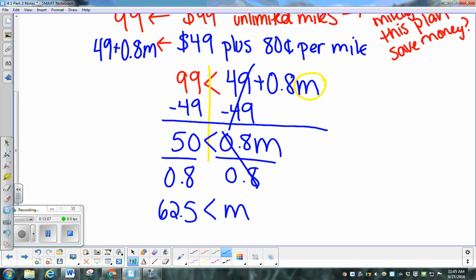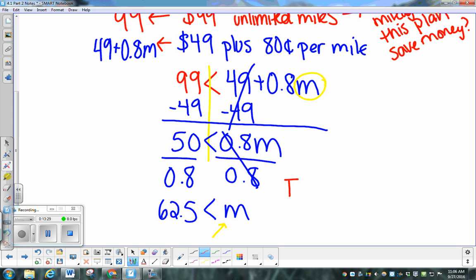So this question, I want us to write it in a complete sentence. So if we look at what this means right here, here's our M. Our M is bigger. The alligator's eating it. So our M is greater than 62.5. So our number of miles has to be bigger than 62.5 for that $99 plan to be cheaper. So they said, when is it cheaper?